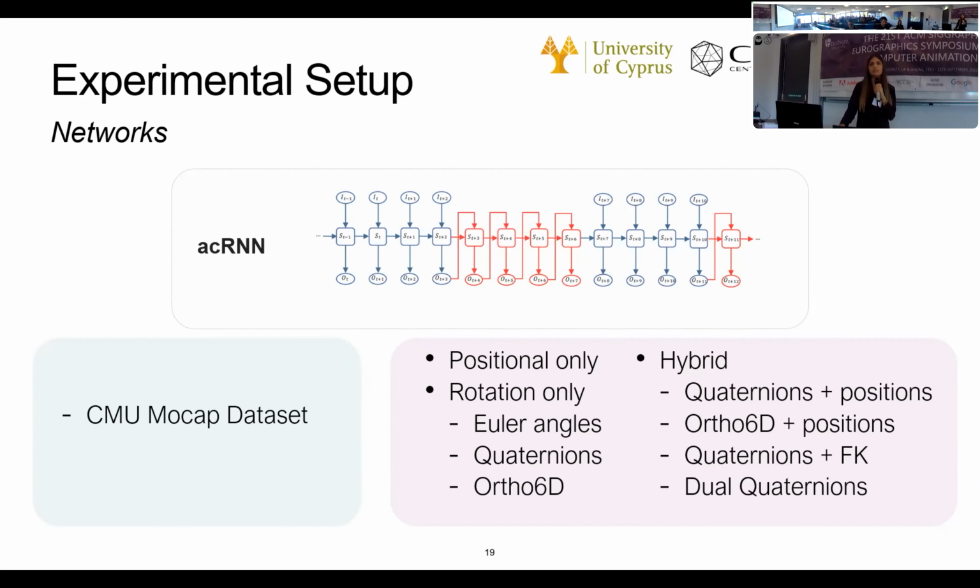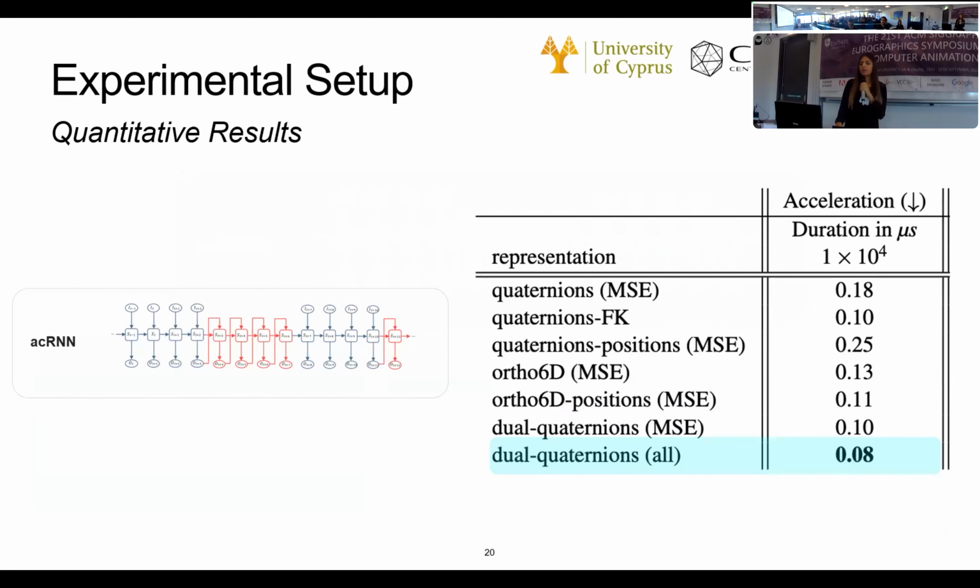The root displacement is a separate component in the feature space. We assess the performance both qualitatively and quantitatively. Quantitative results are based on the normalized power spectrum similarity, Euclidean distance on positions, and acceleration. In terms of acceleration, our representation with all losses achieves the best performance. Please refer to the paper for more quantitative results.